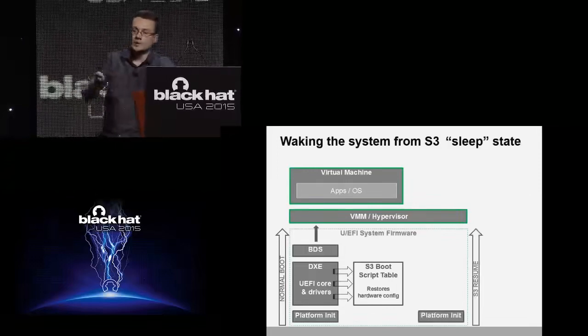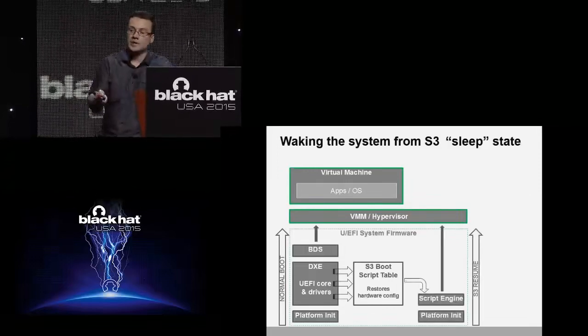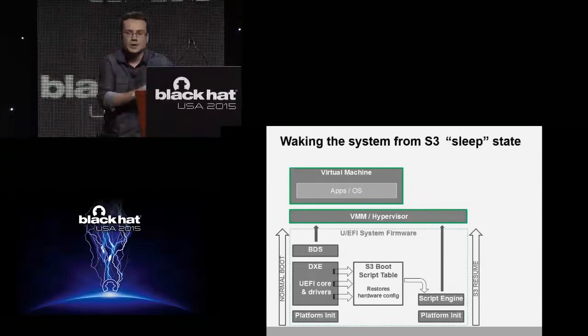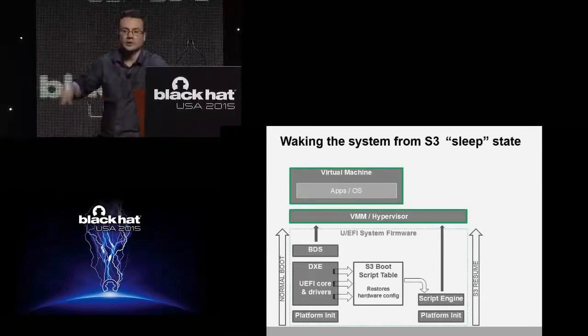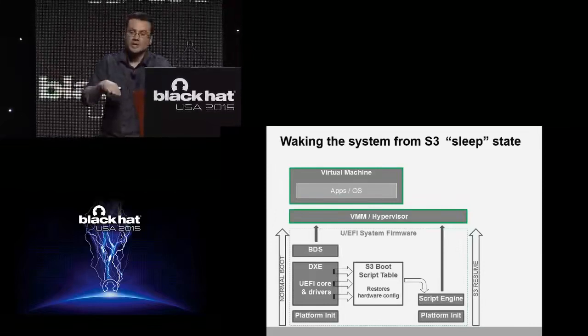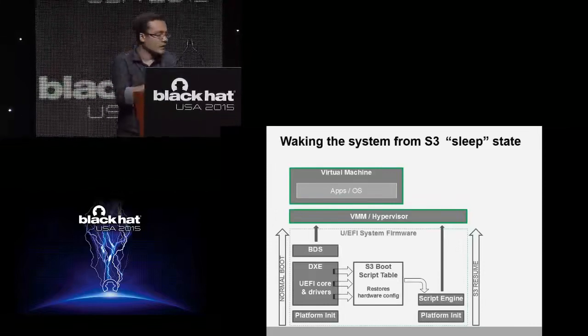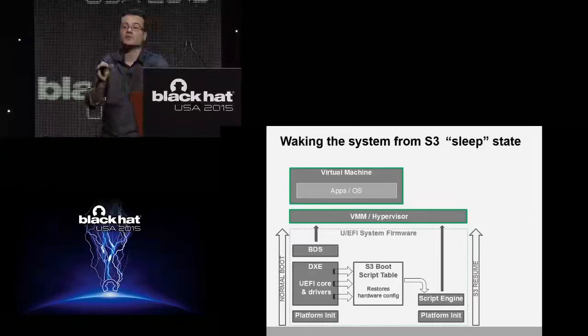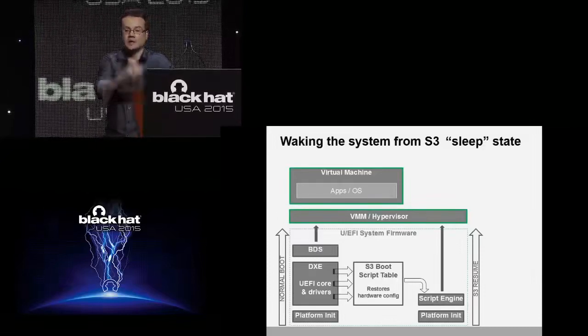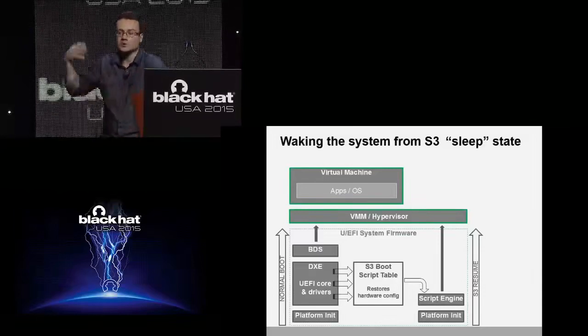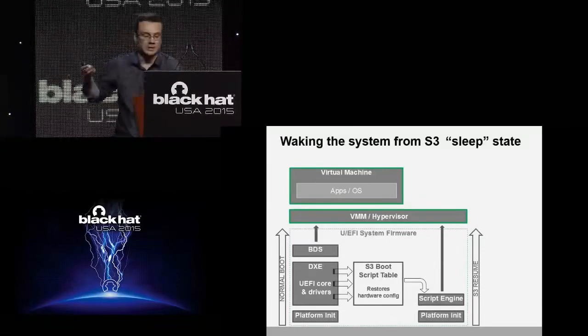When the system is put in sleep and then resumed, all of that firmware is not executed, which saves you a lot of time. Instead, the firmware runs just one script interpreter engine, which takes that boot script table, interprets it, and restores all of the hardware configuration per that table.